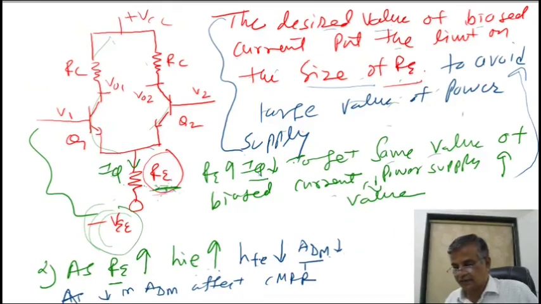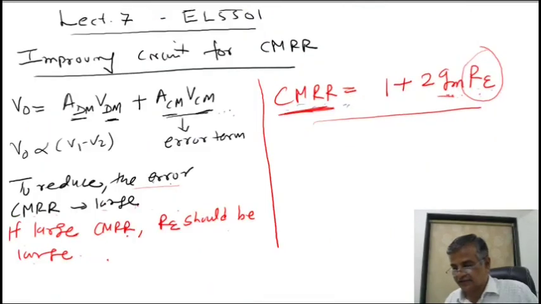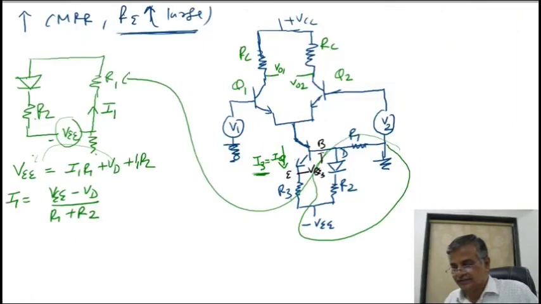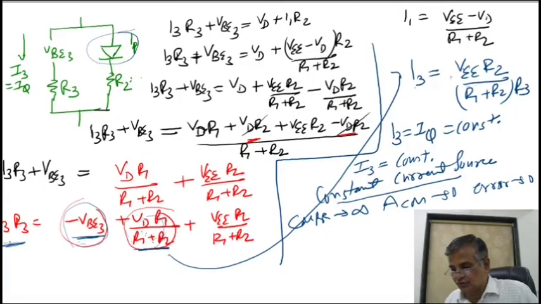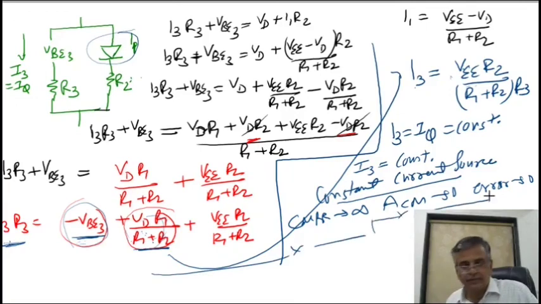As CMRR is large, then your common mode gain tends to 0. As common mode gain tends to 0, error tends to 0. There are so many other ways to get a constant current source circuit that will be discussed in the next lecture. Here I am keeping my end of the lecture.